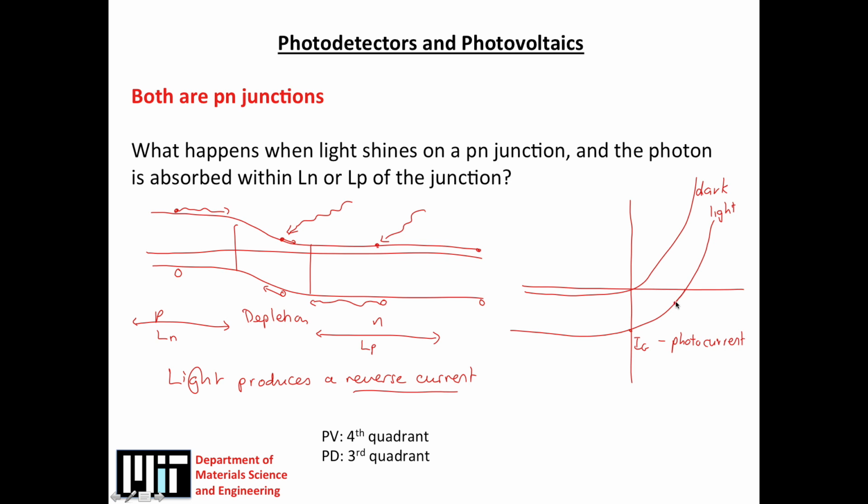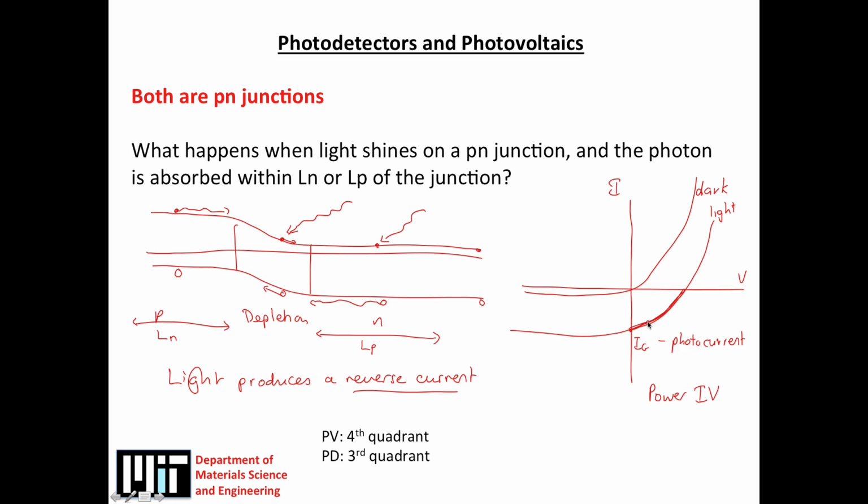Let's look at this region here. In this region of the IV curve of this illuminated p-n junction, you can see that the voltage and the current are in opposite directions. Here V is greater than 0 and I is less than 0. So the product IV, the power, is negative. That means that in this region we are generating power.